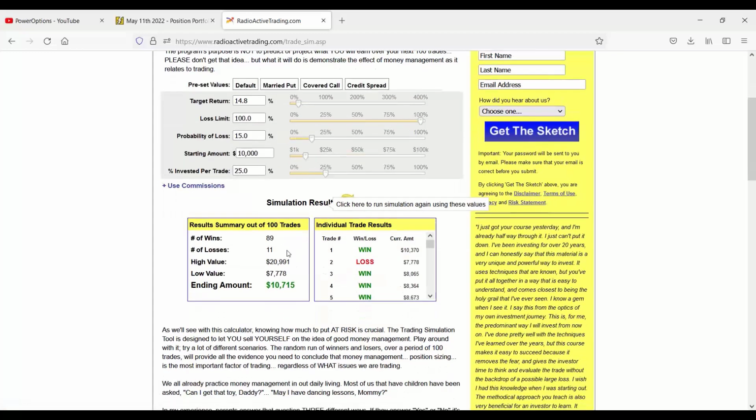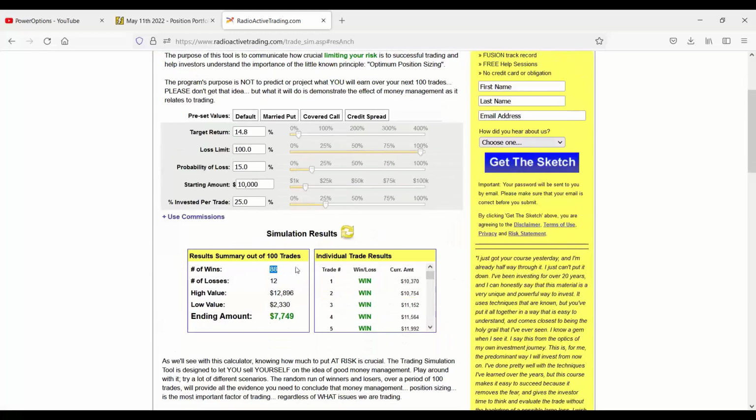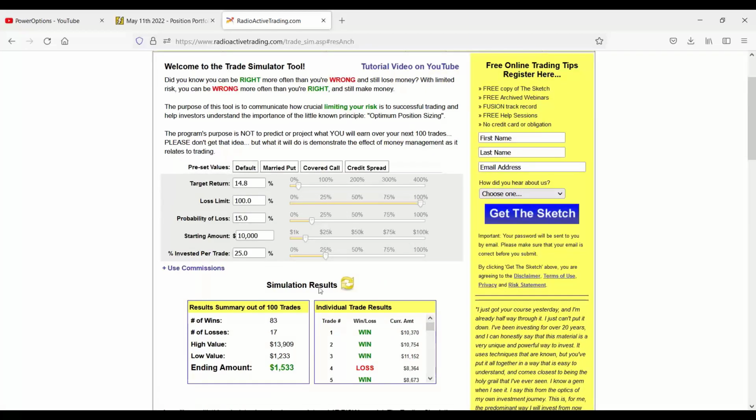So long term, if I'm right 89% of the time, not really ahead, am I? I'm up 7%. That doesn't sound right. Let's go ahead and run it again. 88%, no, I'm down again. 83%, I'm getting squashed.